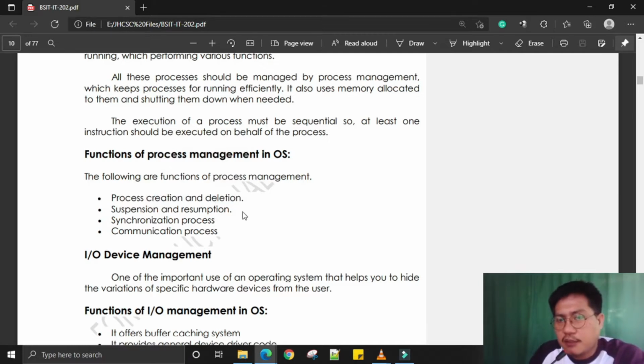A best example of suspension and resumption in a process is when you have opened different tabs in your browser, especially in Chrome.